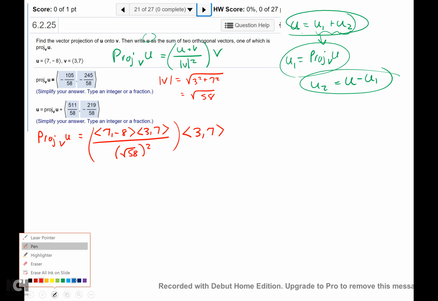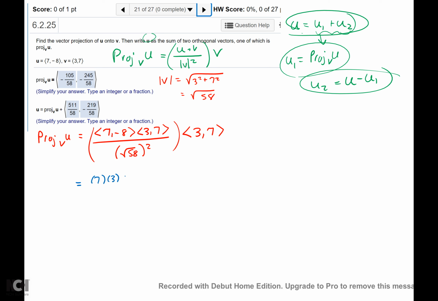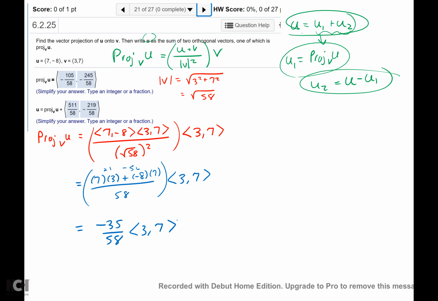So if I simplify inside parentheses first, I'm going to get 7 times 3 plus negative 8 times 7 over 58 times 3, 7. This is 21 minus 56, so that gives me negative 35 over 58 times 3, 7.